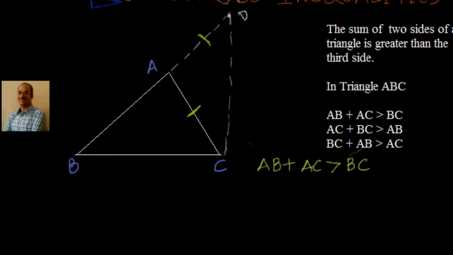Now since this is an isosceles triangle, immediately you can say that this angle is equal to this angle, or angle ADC is equal to angle ACD.